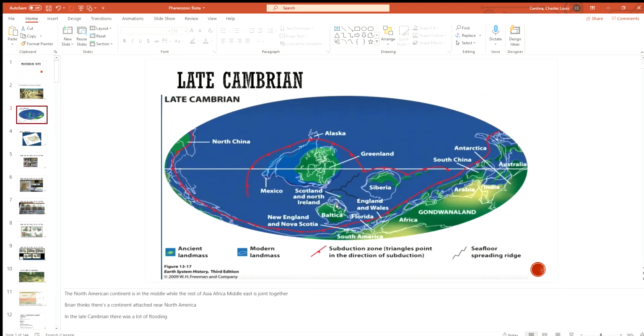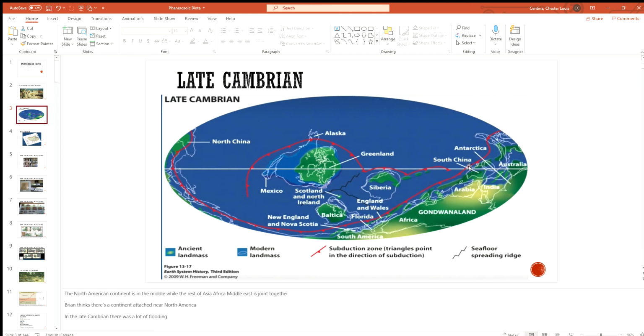In this picture, this is a breakdown of what the late Cambrian looks like. North America is in the middle. It is theorized that there must have been a continent here. The white line represents the modern landmass, and this might have been flooded.